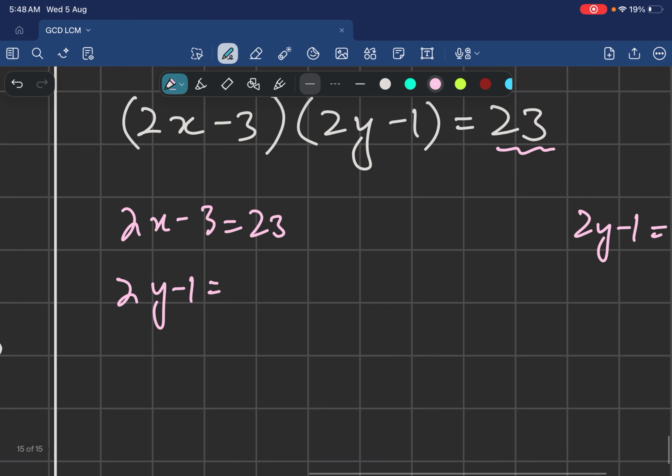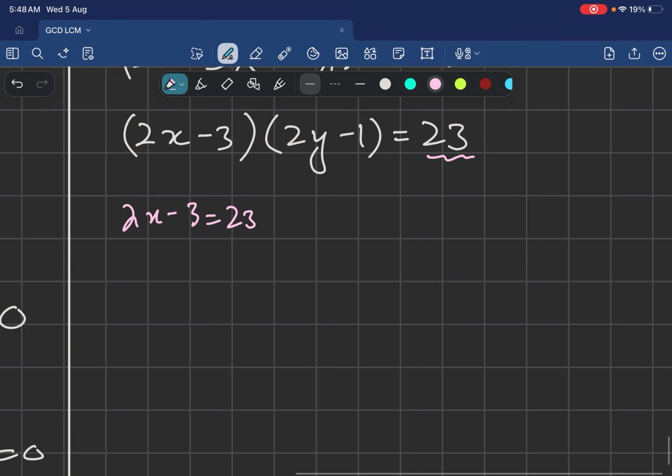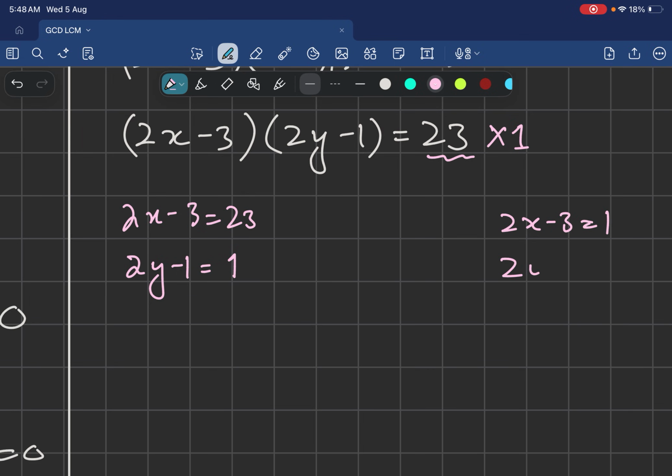If 2x minus 3 is equal to 23, right, then 2y minus 1 has to be 1. Or in the other way, 2x minus 3 could be 1, and 2y minus 1 would be 23, right?